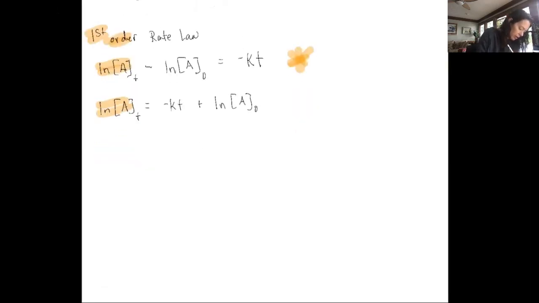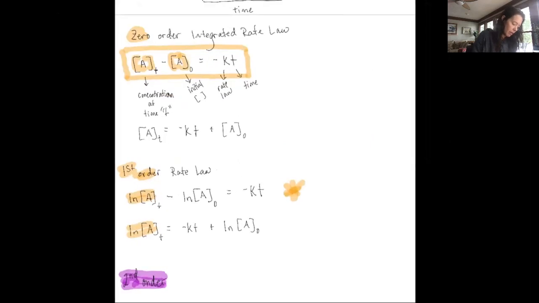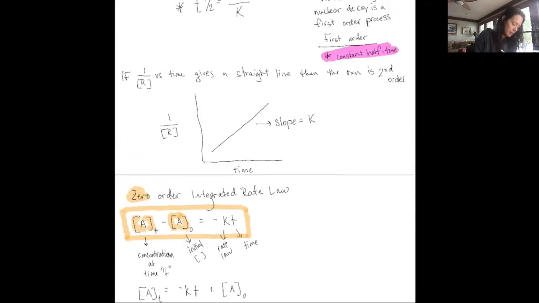Second order, and this will be just about the end. Okay, second order. Well, second order has to do with the reciprocal, right? If we graph it, we graph the reciprocal here.